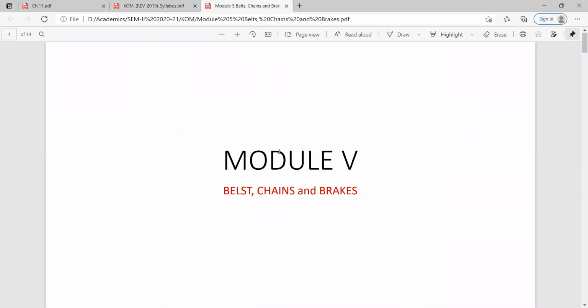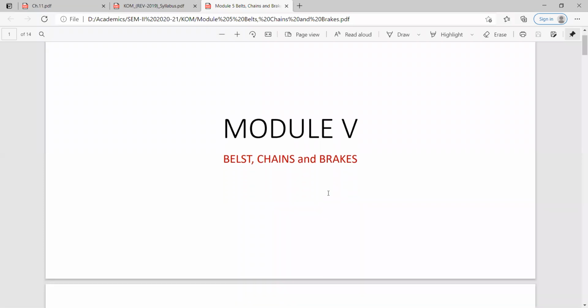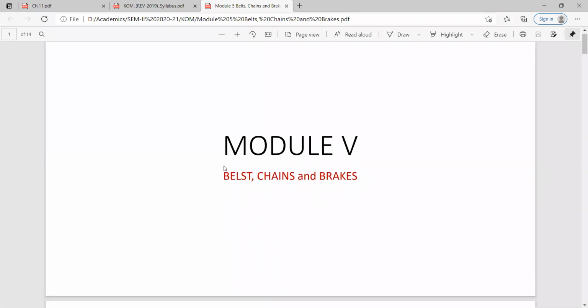So let us quickly start the fifth module, that is belts, chains and brakes. Looking at the topic name, you can easily guess what the content of this module should be.